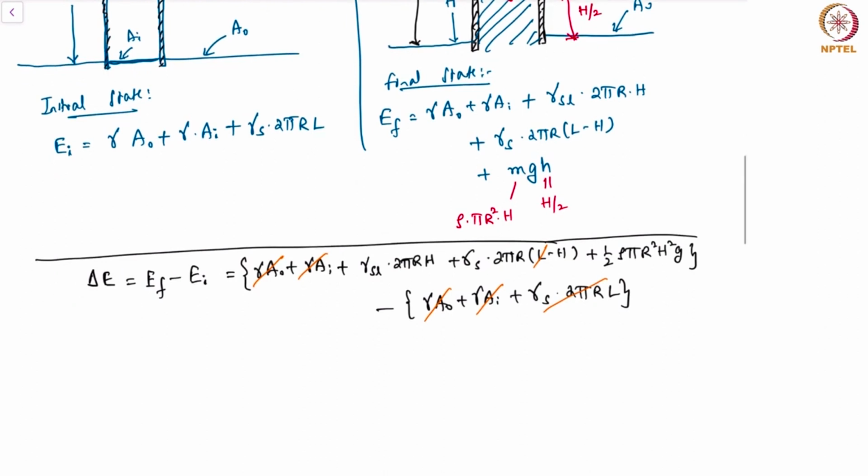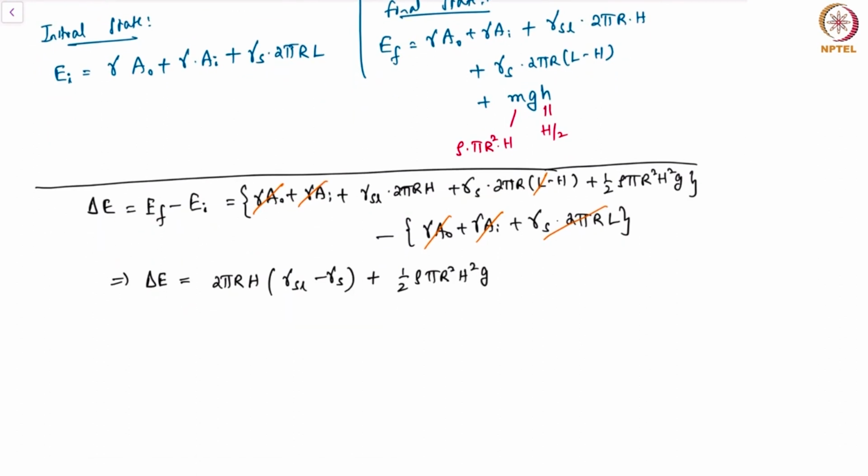And what we now have is delta E essentially becomes 2 pi RH multiplied by gamma SL minus gamma S plus half rho pi r square h square into g. This is basically what I have here, right?